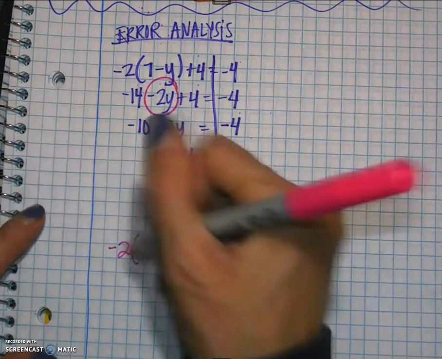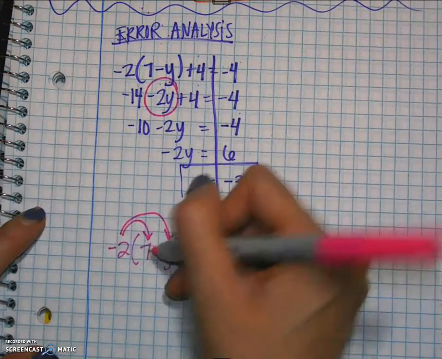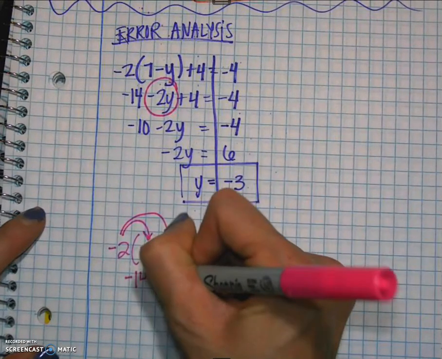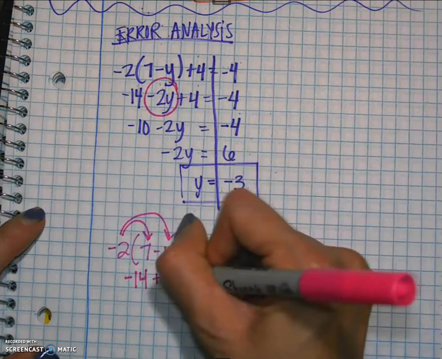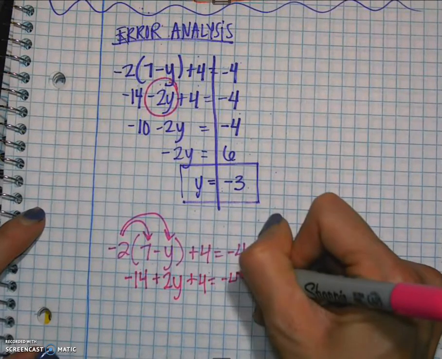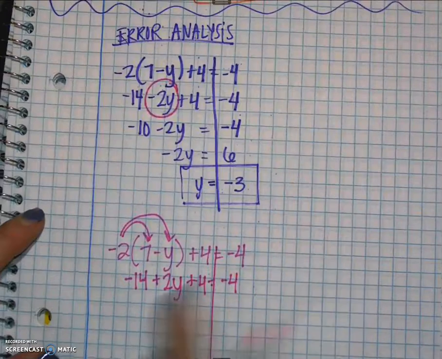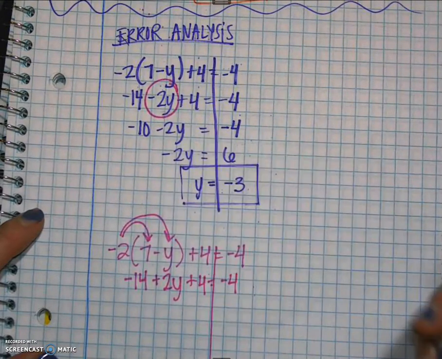So I know I have to distribute, so whatever goes on the outside goes on the inside. So negative 2 times 7 is negative 14. That's correct. Here's the problem. Negative times a negative is a positive. So that's going to change my whole problem. That's a positive 2y. Up here I had it listed as a negative. So let's see what happens.